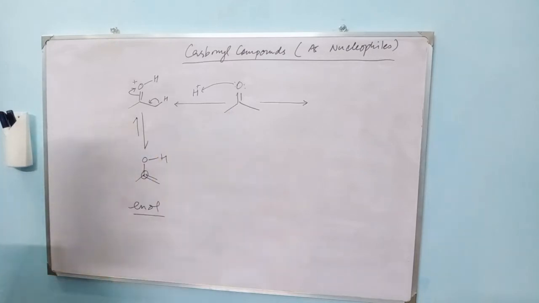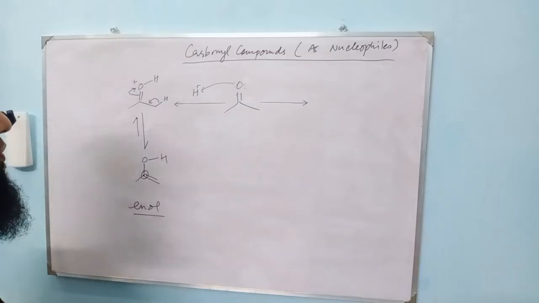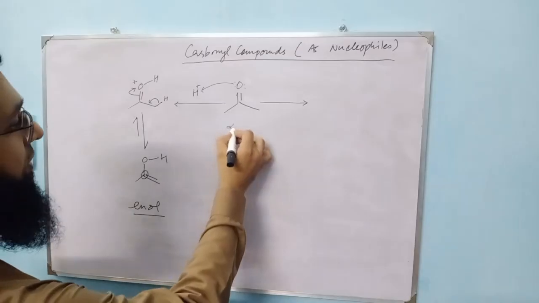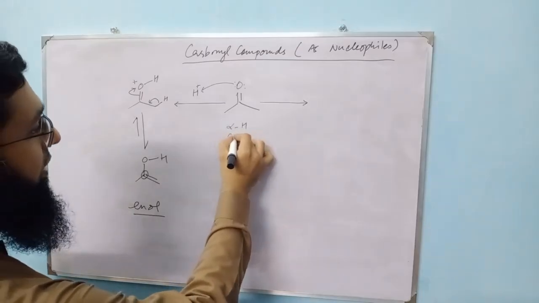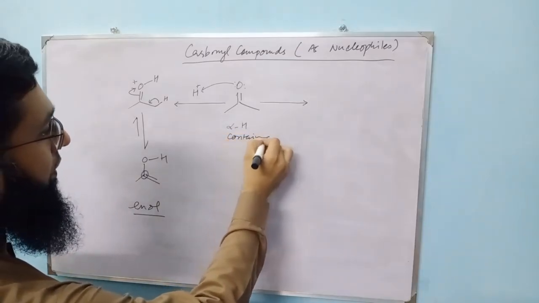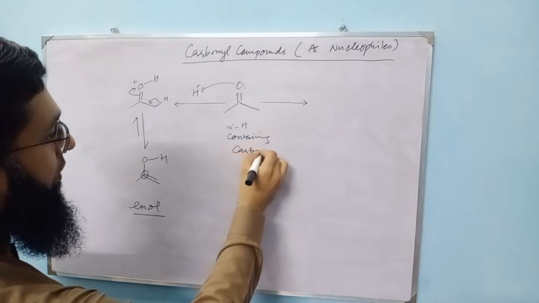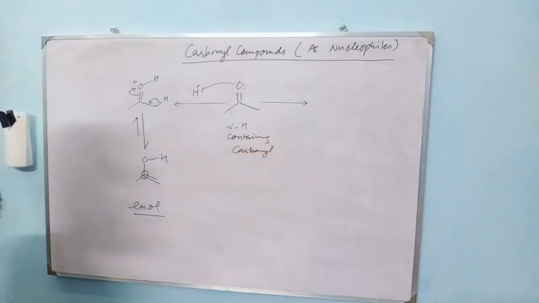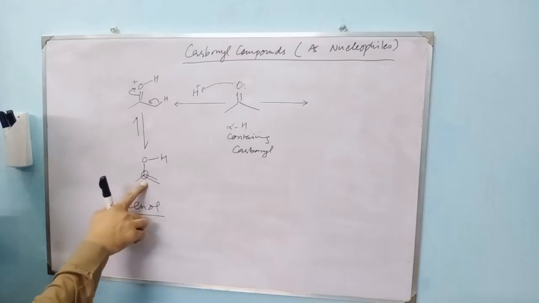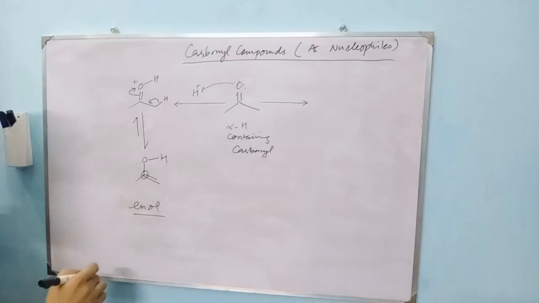So when acid is added to a carbonyl compound carrying alpha hydrogen, this is alpha hydrogen containing carbonyl, it gets protonated, and as a result converts to its tautomer known as enol, and this enol is nucleophilic in nature.